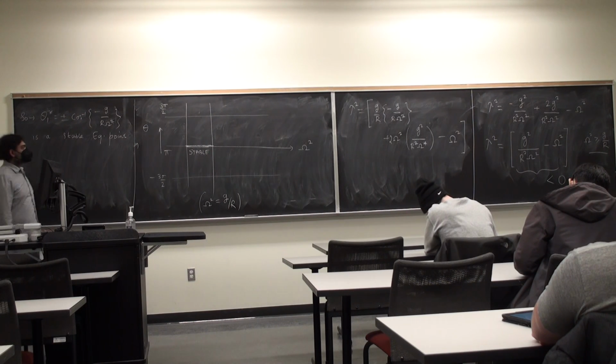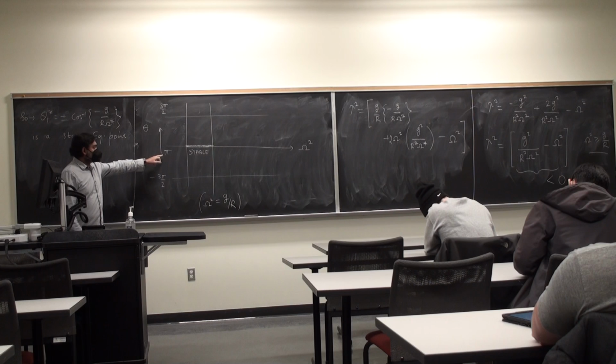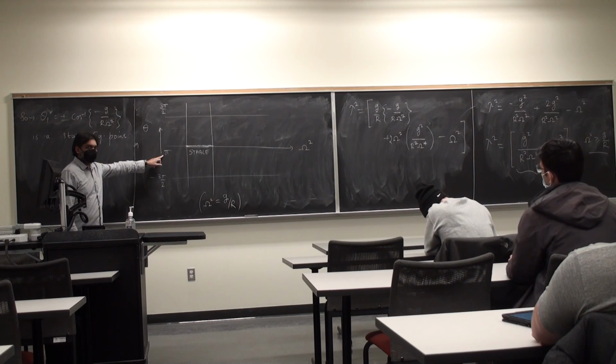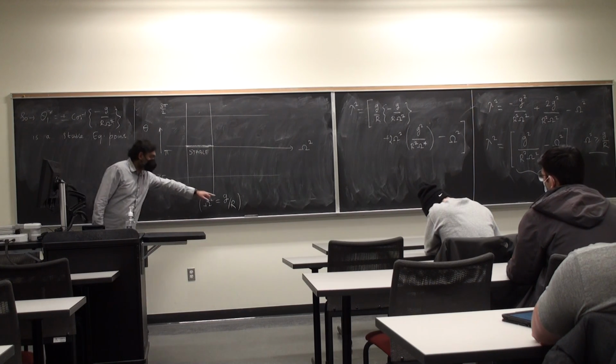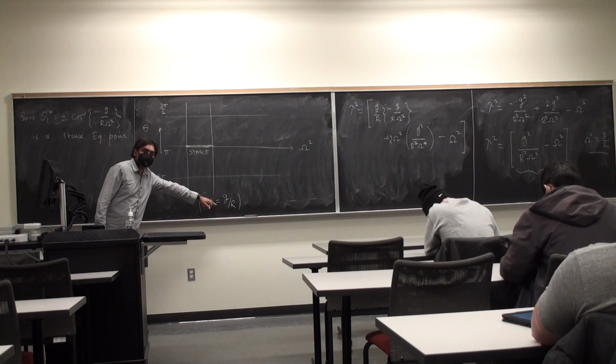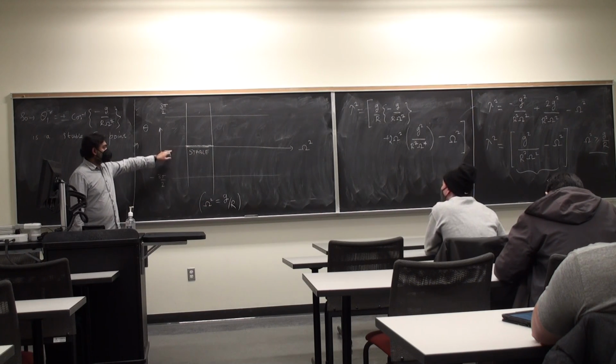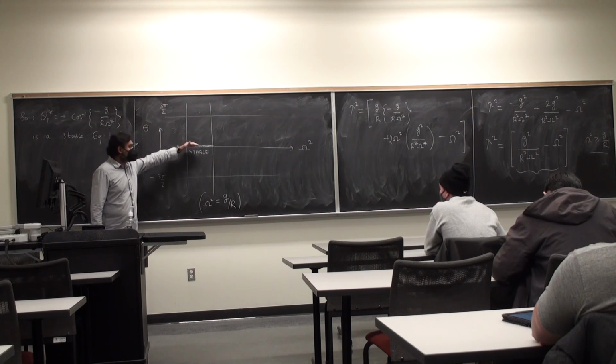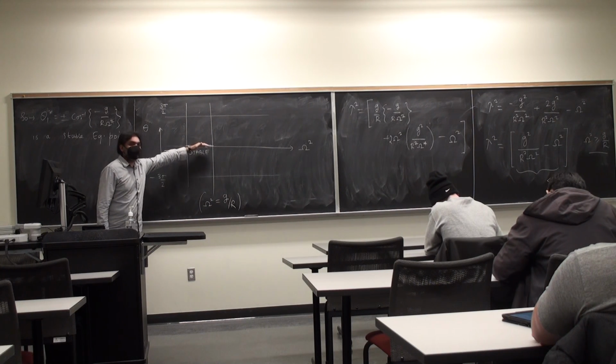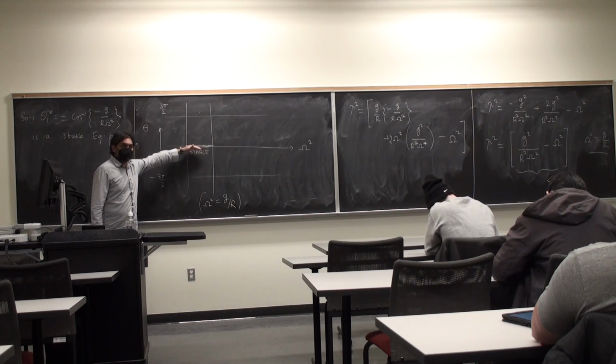So what this means is, if the particle is sitting at pi, if the speed square is less than g by r, any perturbation about that position is going to result in the particle behaving in a stable manner. The perturbations are not going to grow with time.